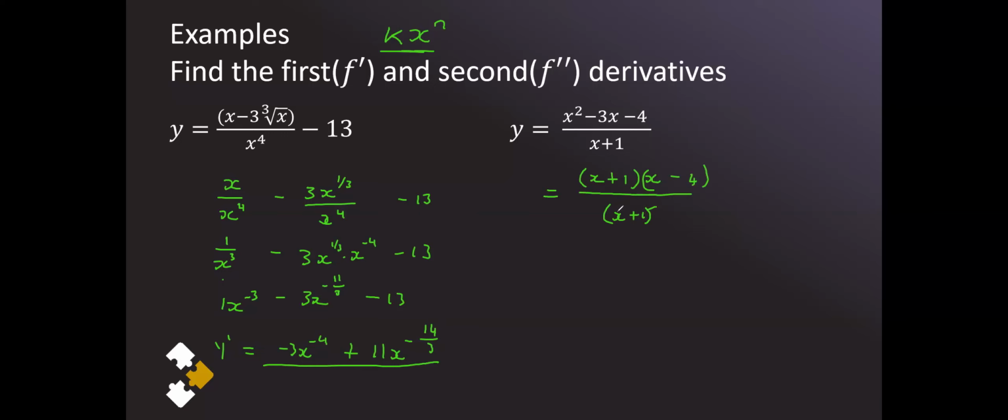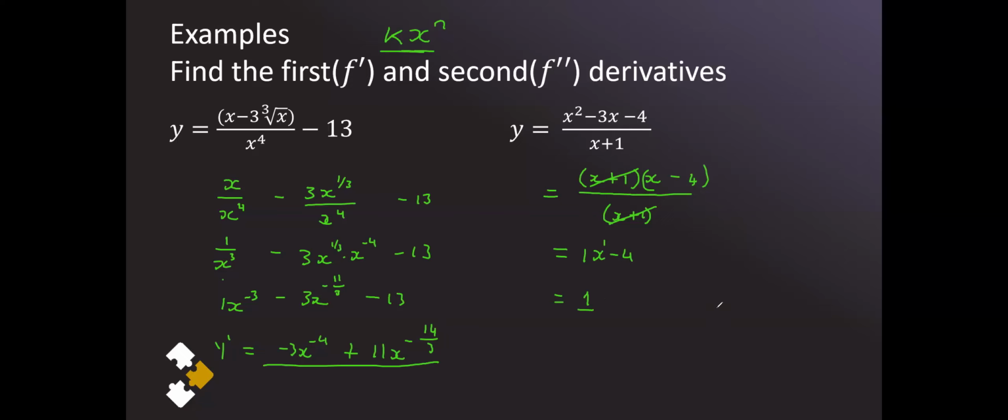What cancels this and that cancel? What am I left with? x minus 4, which is definitely in the form 1x to the power of 1, the kx to the n. Okay, then that's just a constant, it will fall away. So it means that our derivative is just 1.